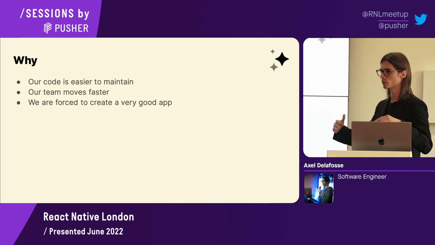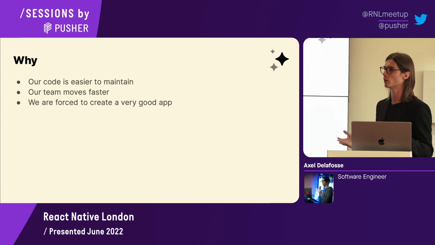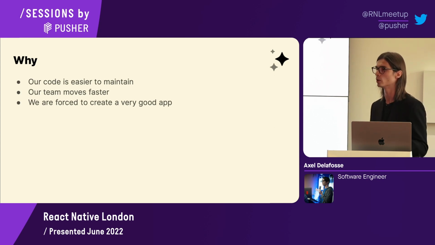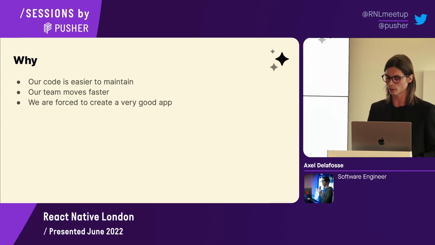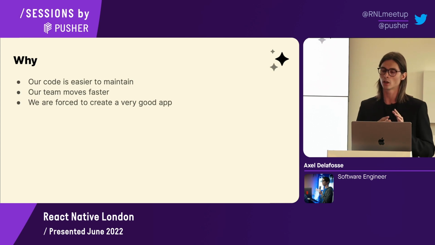Just improving all these screens and platforms incrementally will definitely make your app better. So if you improve your UX on iOS, it probably will also improve your experience on Android. So that's really why I think that sharing your code and having only one code base for your app is really making your life better.